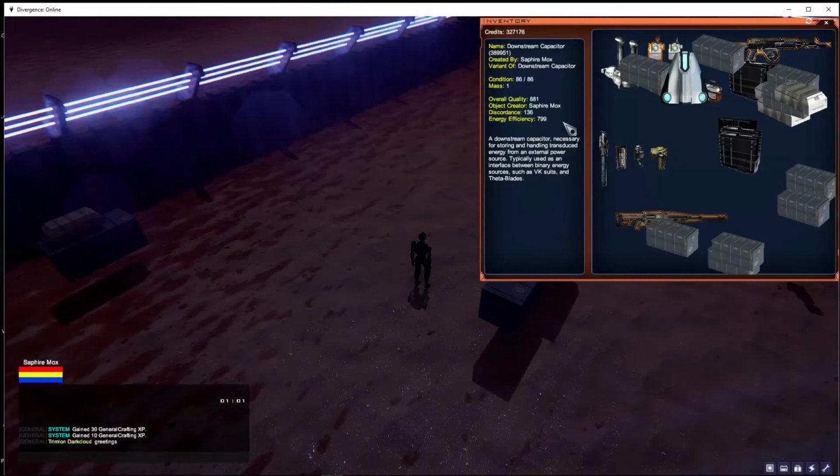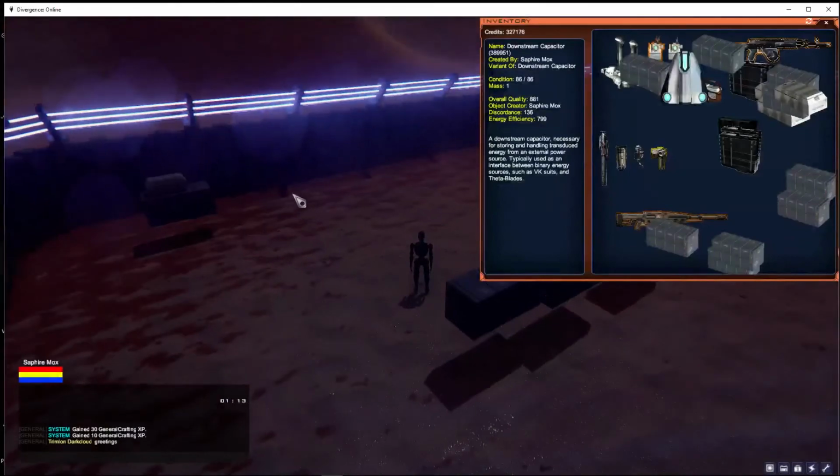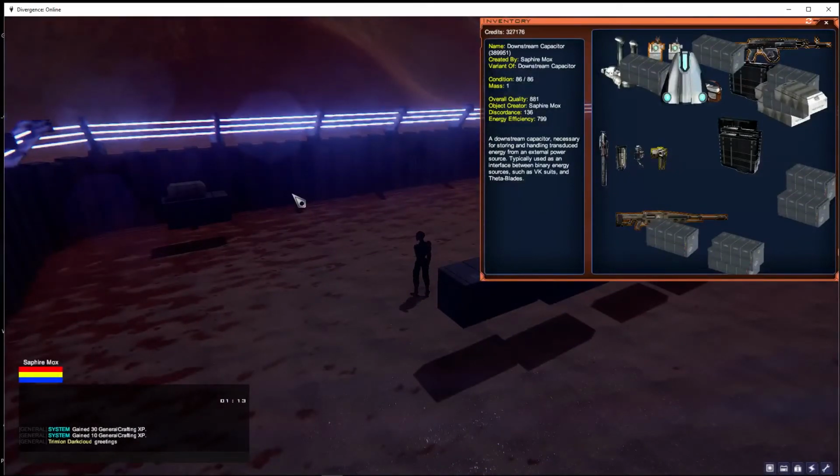And we have a downstream capacitor with an overall quality of 881, discordance of 136, which is very low, which, as I understand it, will mean that the blade looks quite solid. It won't have a huge aura around it, because the lower the discordance, the more compact or focused the blade appears.